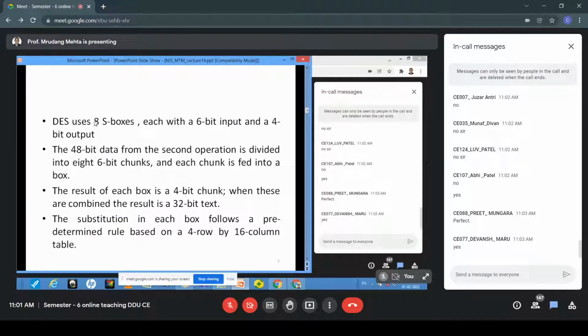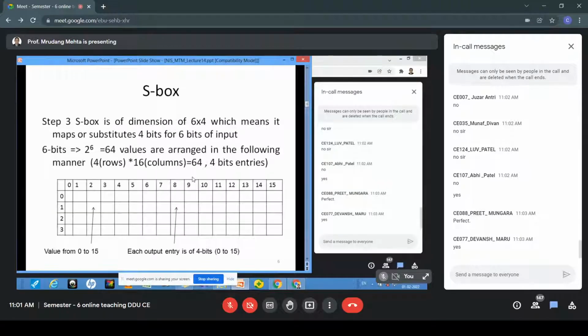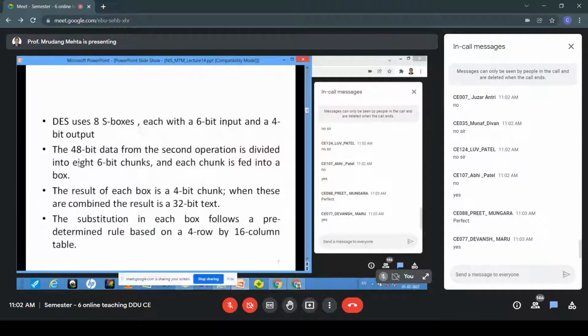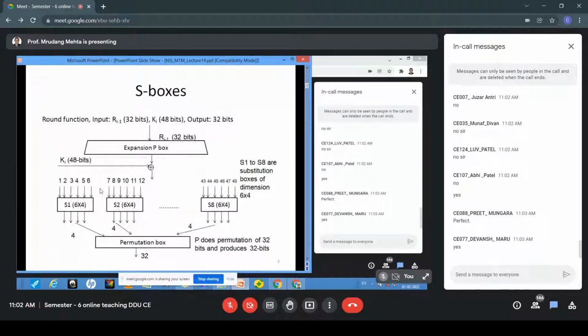So DES uses 8 S boxes, each with a 6-bit input and a 4-bit output. What is the input? 6-bit. What is the output? Each cell is of 4-bit, so the output is 4-bit. The 48-bit data from the second operation is divided into 6-bit chunks, and each chunk is fed to a box that you can see over here.